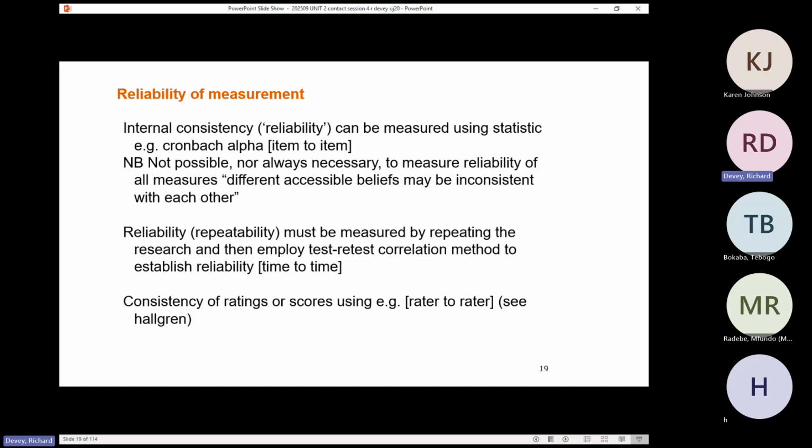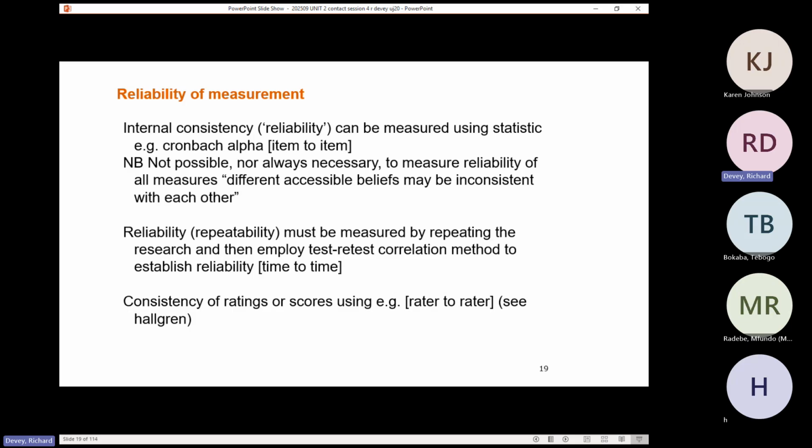The idea being that if the questions are measuring a concept called self-esteem, then the answers to those questions should be consistent. In other words, if a person agrees with a statement, they should agree with most of the statements, and if they disagree, then they should disagree with the statements. So the rating of those statements should be consistent if the statements are measuring a construct. So that's what internal consistency means.